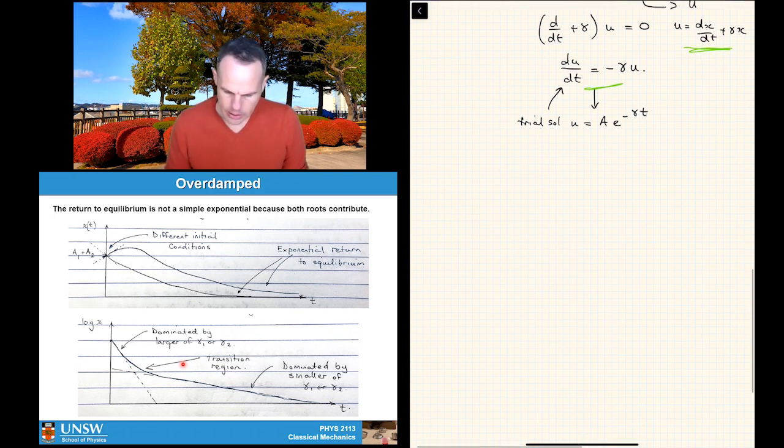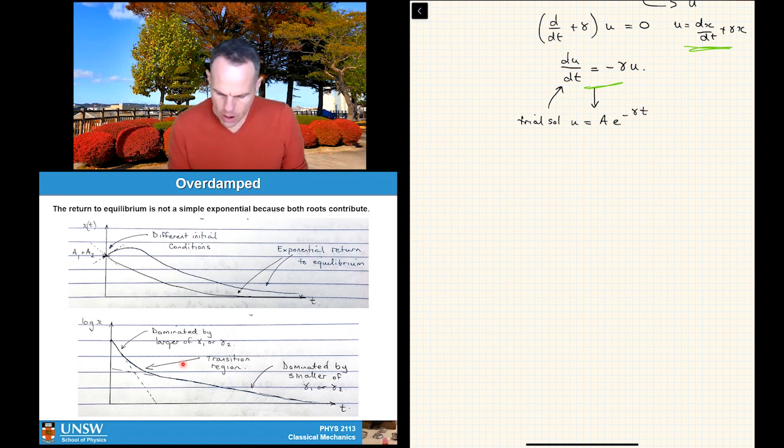Okay, and so now we can take this piece here and combine it into this piece here to take the next step. So what we're going to do here is go A e to the minus gamma t is equal to dx on dt plus gamma x, all right?